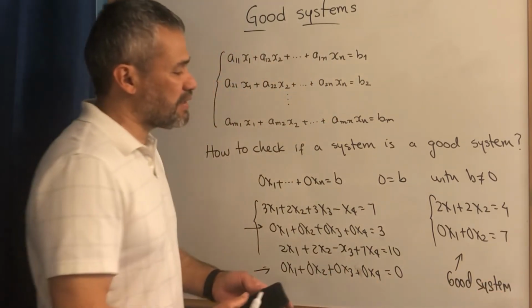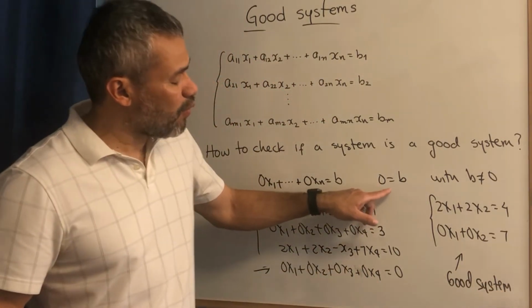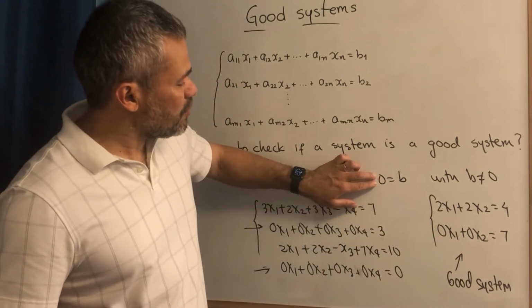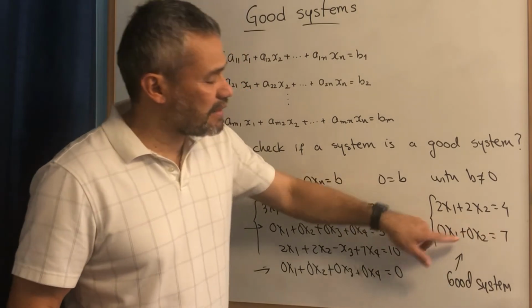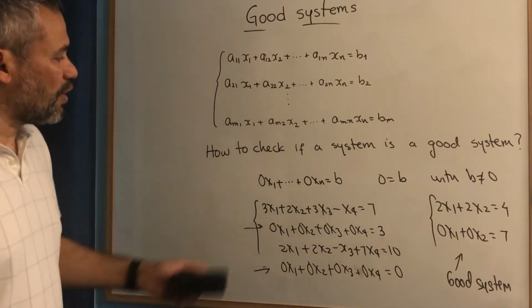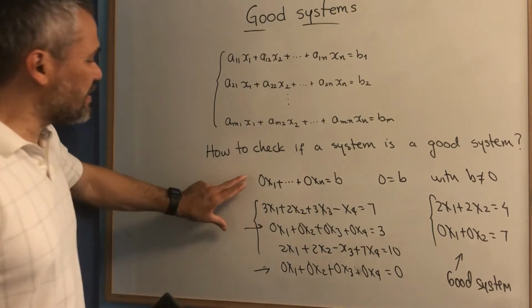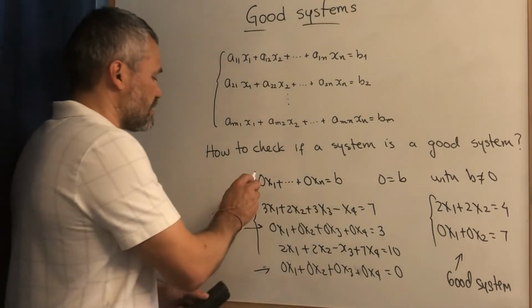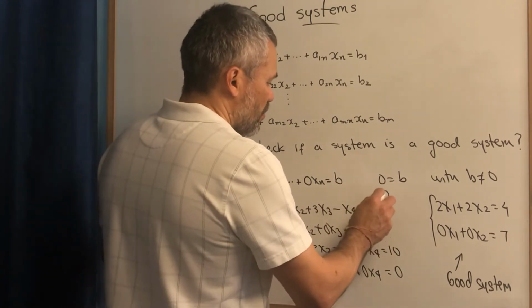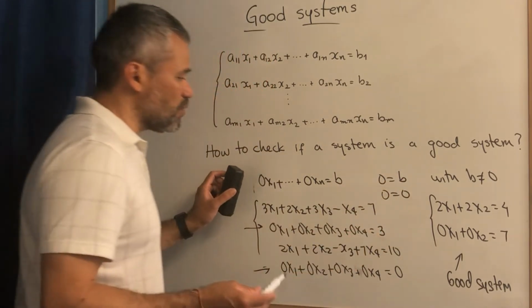The reason is that in this case, we don't have equations of the form 0 equals 0, and then an equation of this type must be at the end of the equations. This is just the case in which this type of equations like 0 equals b or 0 equals 0 show up.